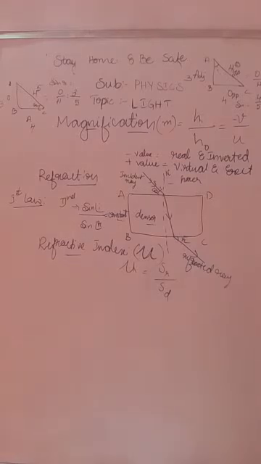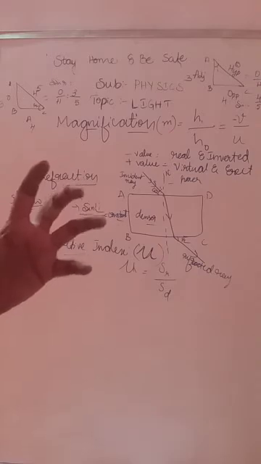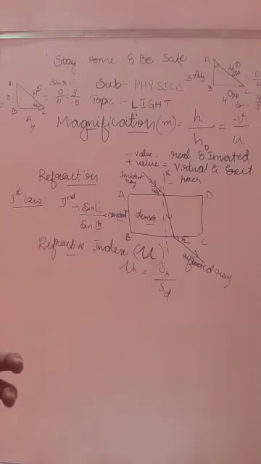So if the media has a lowest refractive index, the speed of the light is more. If the media has a highest refractive index, the speed of the light is less. Want to concentrate on that.